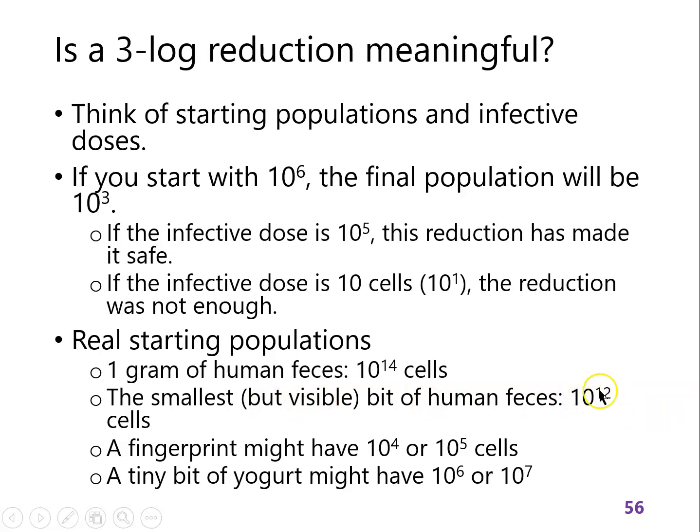That's still a trillion bacterial cells. So a 3 log reduction of a trillion cells is still a billion cells. It's a huge number. If you leave a fingerprint on something, you're leaving something like 10 to the 4th, 10 to the 5th cells, whatever. You can use these numbers. I just want you to think about what it means.